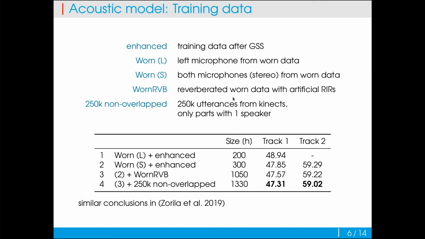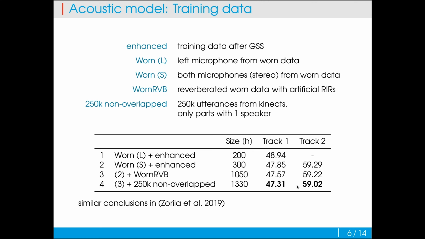Looking at the results, these are word error rates on dev. Increasing the amount of WPE data by using both microphones is helpful, and further adding more reverberation and far-field data still improves the results.